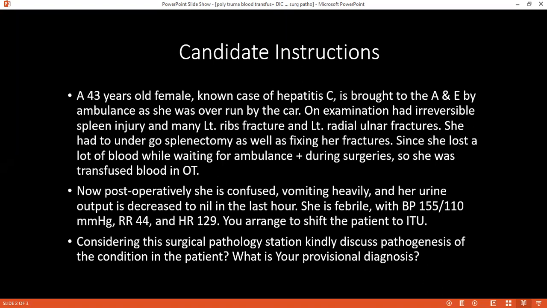So what's the pathogenesis? What's actually happening? Is there anything you have noticed which can help you in the diagnosis? Hypothermia, and massive blood transfusion. And the patient was a known case of hepatitis C. So yes, bleeding.